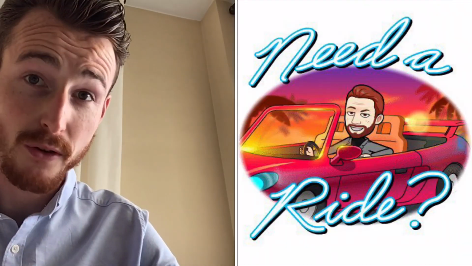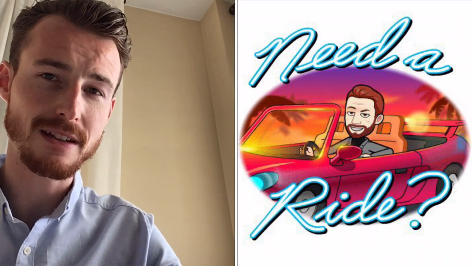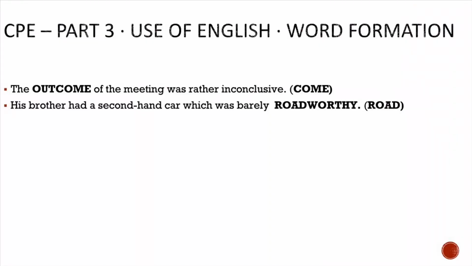So judging by the second-hand car, we should know that it's not a top of the range car. Therefore, maybe it's not really suitable for the roads. Okay, it might not be fit to drive for the roads. So therefore we could say it's not very, or it's barely roadworthy. Okay, roadworthy. Imagine a person who you can trust a lot.